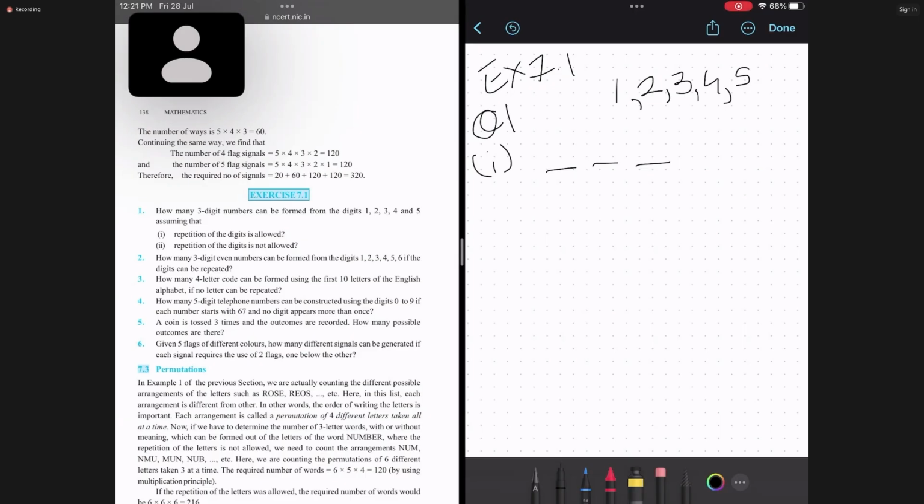So how many ways can we fill in the first digit of the number? As we have 5 choices to use, this can be filled up in 5 ways. Similarly, the second digit of the number can also be filled up in 5 ways, because we can use either of these digits again, right? Because the repetition is allowed in the first case.